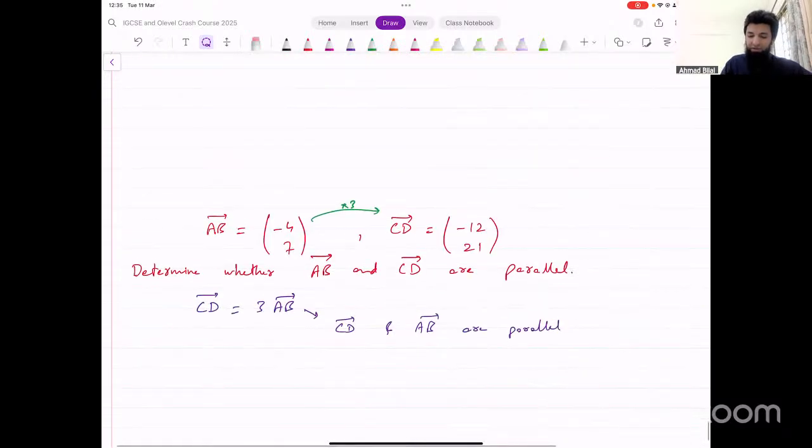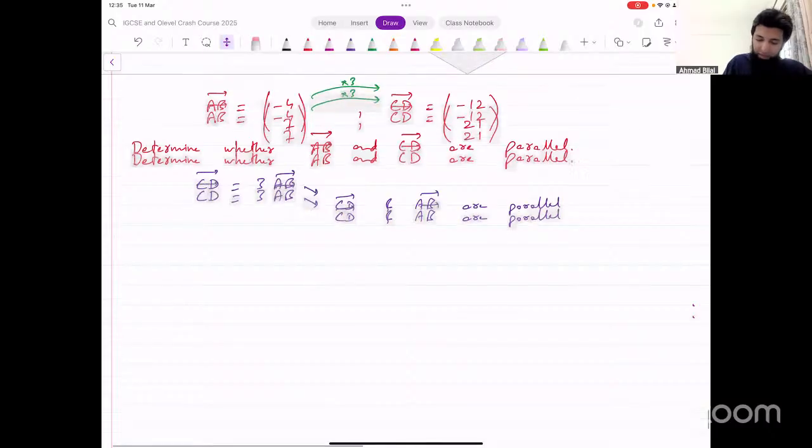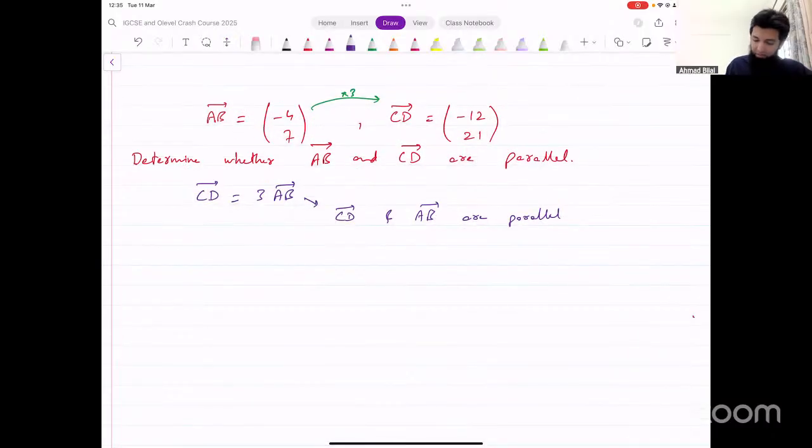So in this case, for instance, we could do that as well. We could say AB and CD are parallel. Using this as well, I can say the gradient from this, that's 7 over -4, equals the gradient from this, which is 21 over -12.